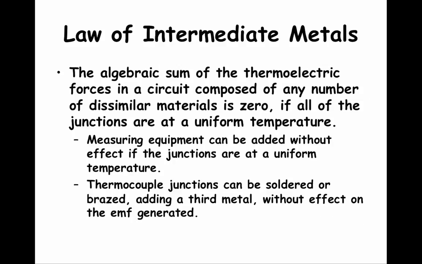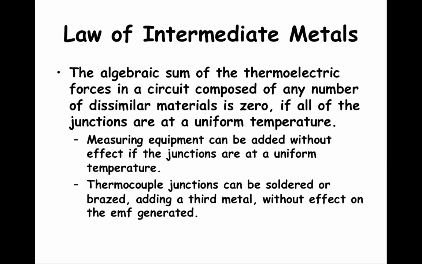The second law, the law of intermediate metals, is given here. It basically says that if we have intermediate metals and multiple dissimilar metal junctions, the EMFs they generate sum to zero if all of the intermediate junctions are at the same temperature.